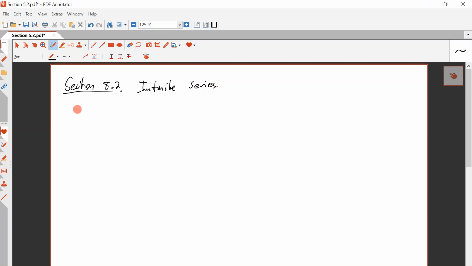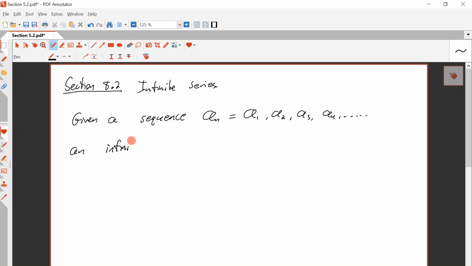Okay, given a sequence a_n, as in section 8.1, which starts at 0 or starts at 1 or whatever it might be, an infinite series, or just a series, is the sum of the sequence.